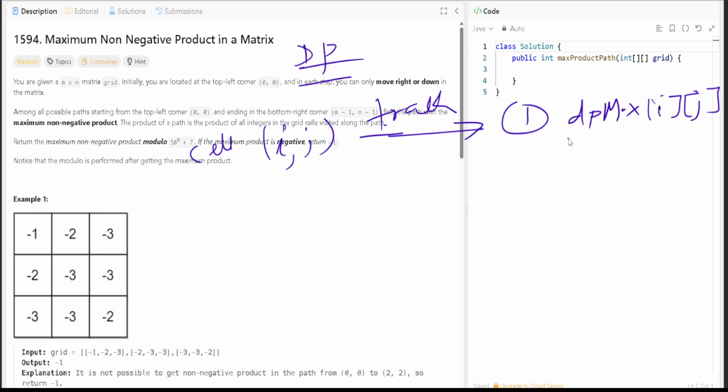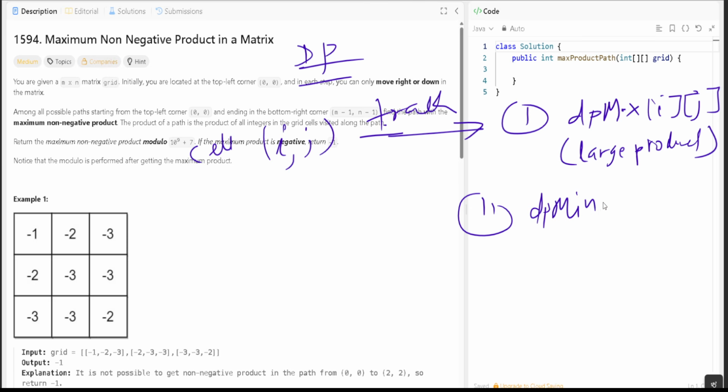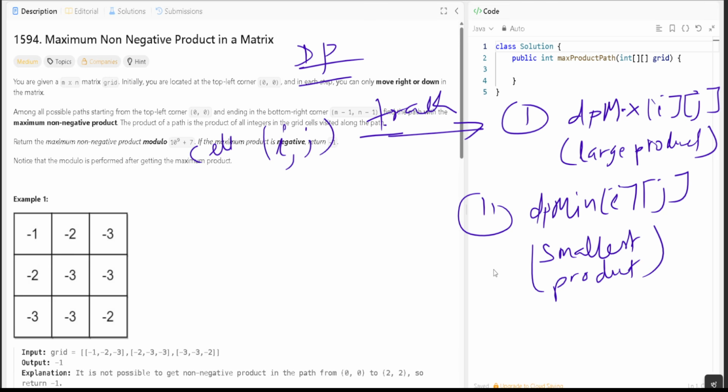Because DP max will contain the largest product. Then we should take another value, DP min, similarly at I and J. This is for the smallest product. Okay, the two things we have to use.